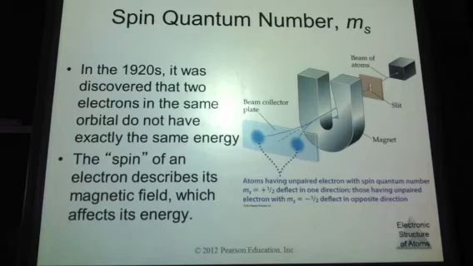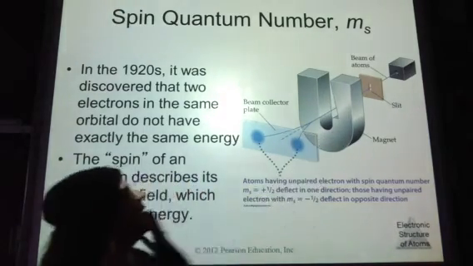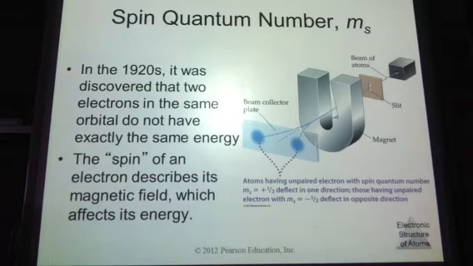Ultimately what happens, if we take a beam of atoms and have it go through a slit, and then we apply some type of magnetic field to it, like a magnet here, we see that the electrons will move in 2 different ways. They could go in 2 different directions.